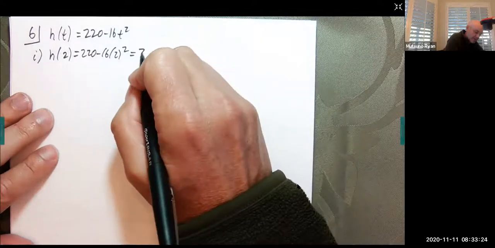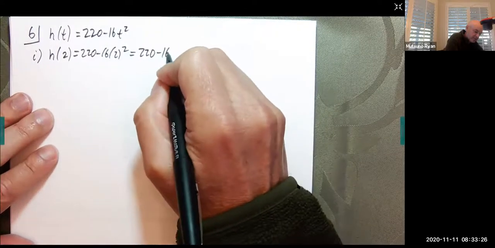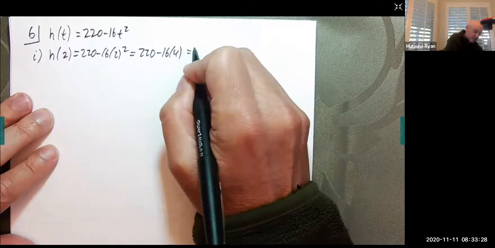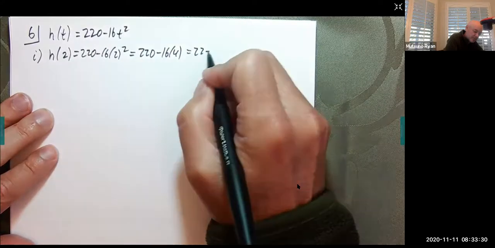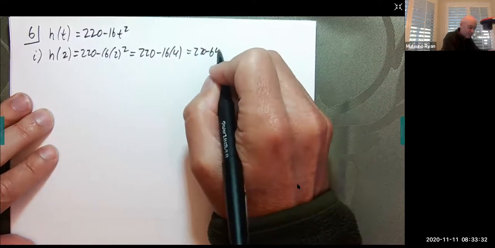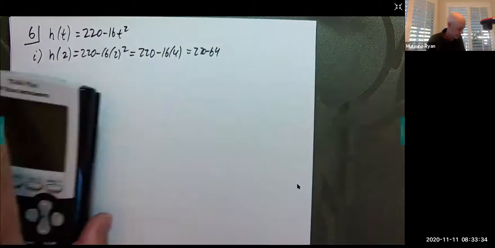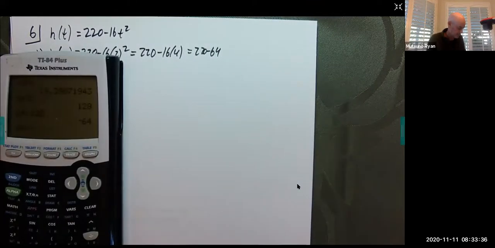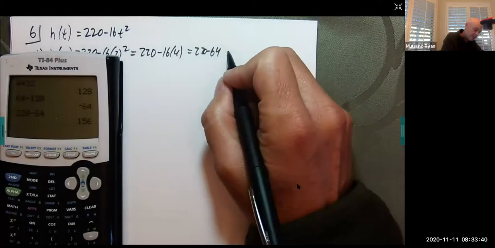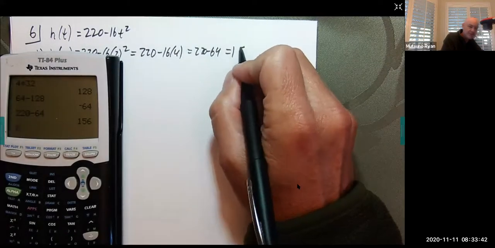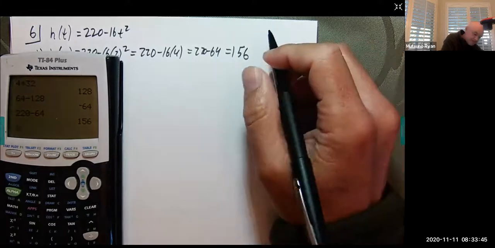That's 220 minus 16 times 4, which is 220 minus 64. 220 minus 64. 156 feet.